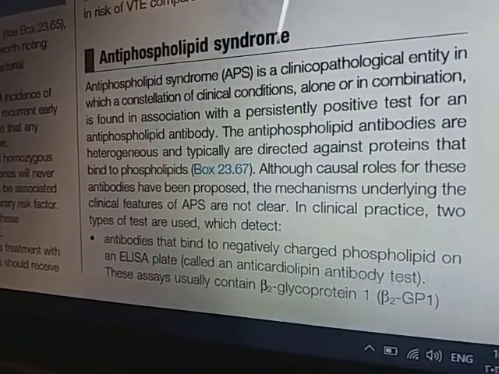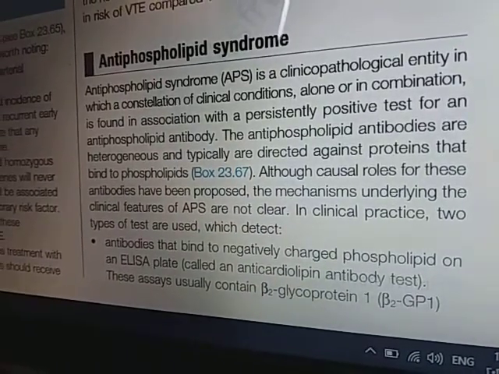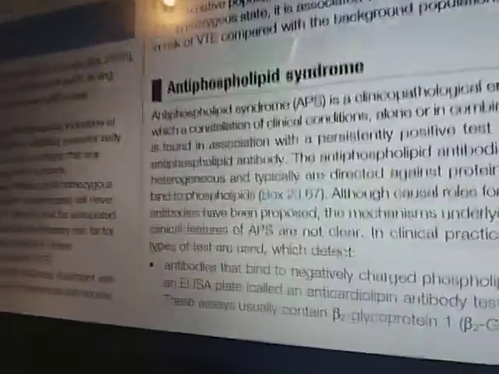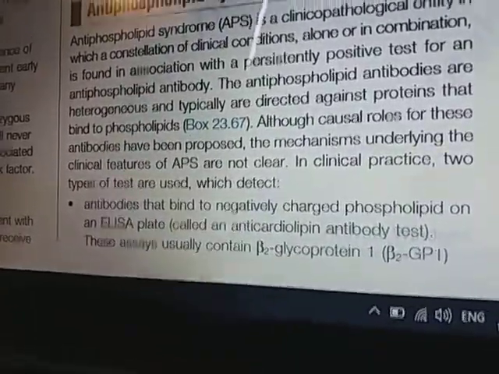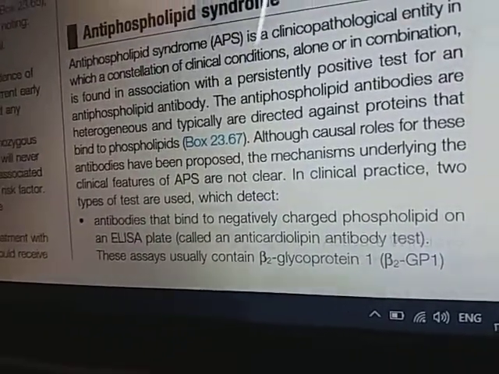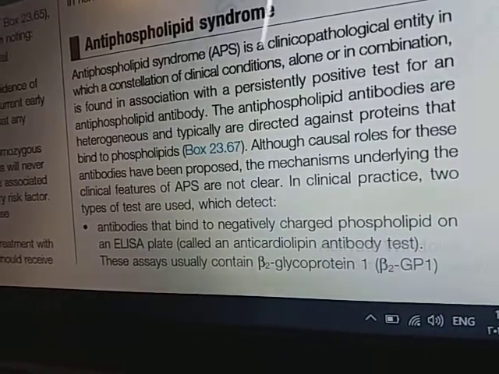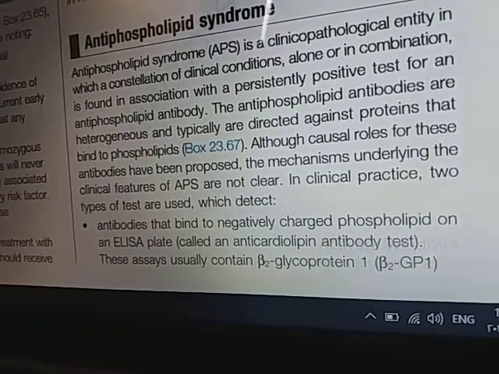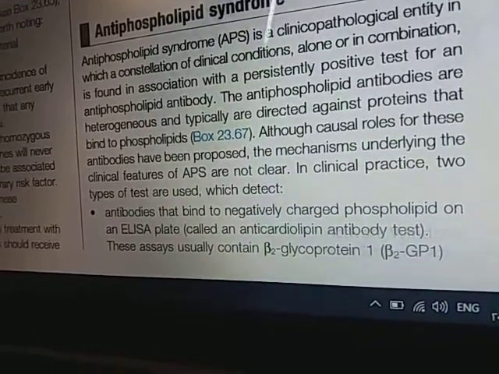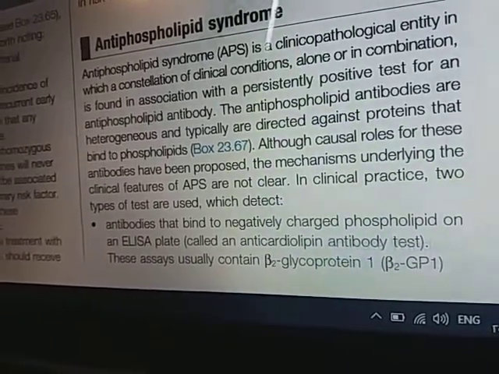Antiphospholipid antibody syndrome, APS, might be seen in isolation, called primary, or in association with other disease, usually SLE. The clinical features of antiphospholipid antibody syndrome are remembered under 5 letters, T-A-T-A-N.